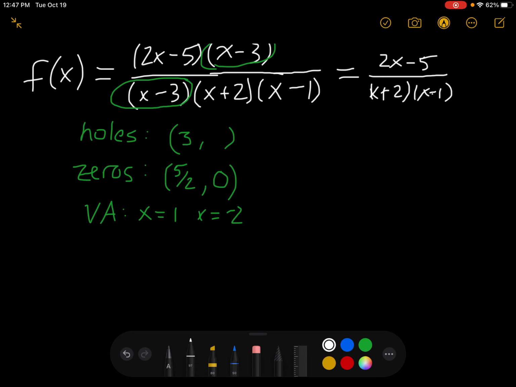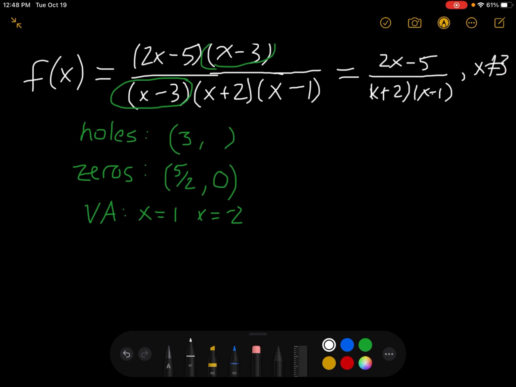Those two things, f of x and the expression I just wrote, are equal at every single point except x equals 3. At x equals 3, this function is undefined and this one is not. So I can't just say they're equal. I need a stipulation: where x does not equal 3.